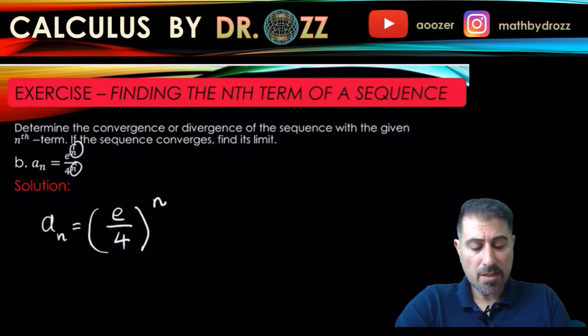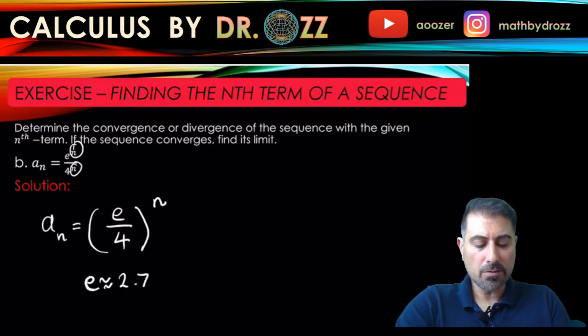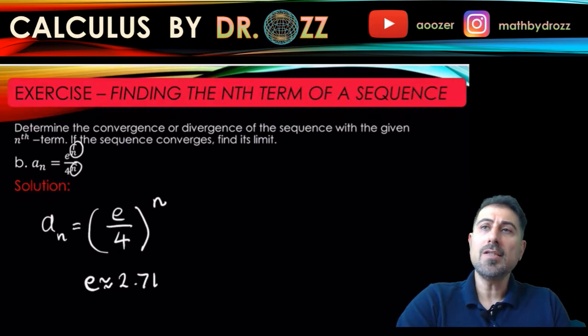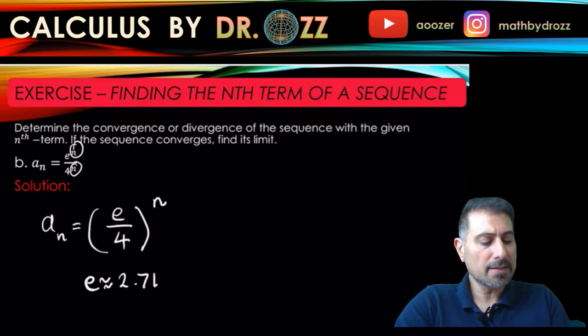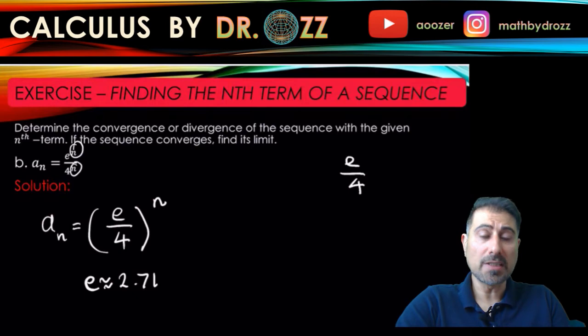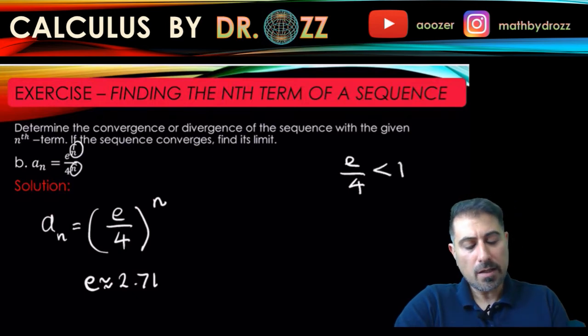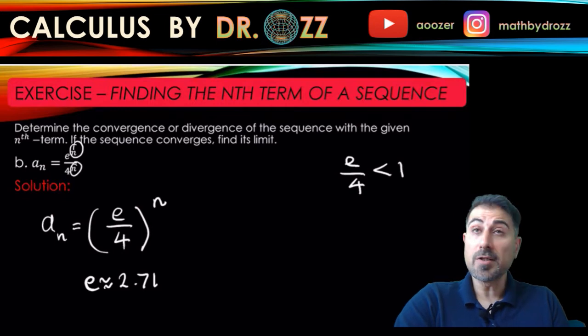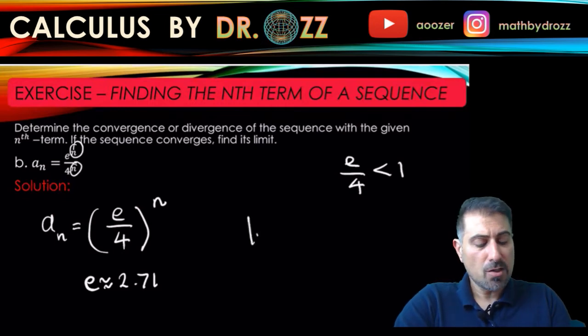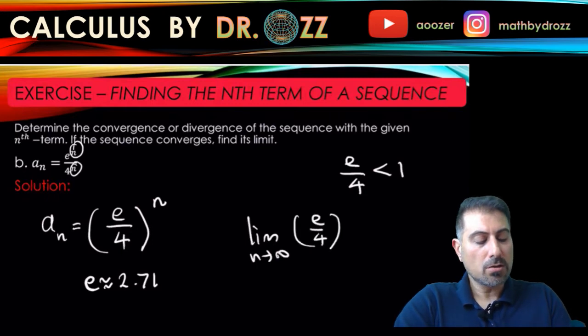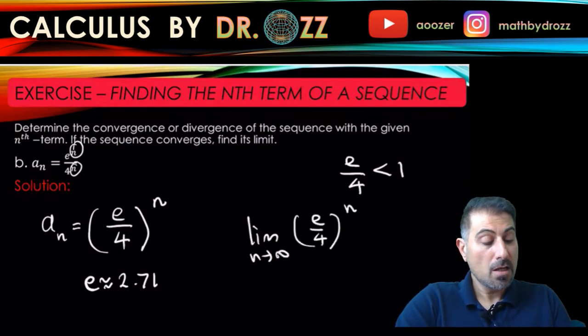As you see, e is a number close to 2.71, and e divided by 4 is a number less than 1. And you're raising a number that is less than 1 to the power of n. So we know from calculus that (e over 4) to the power of n has to approach 0.